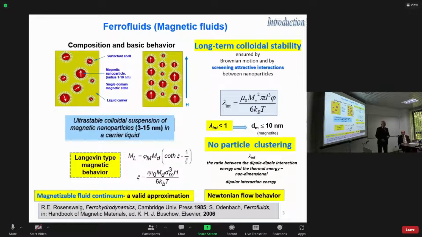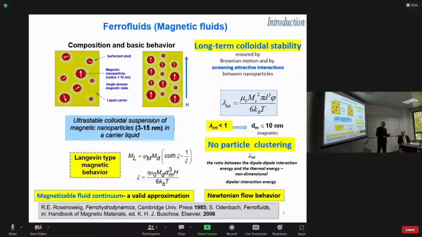So, first, the conventional classical ferrofluids. You can see here the main characteristics these should have. So first, the particles, which are usually 99% iron oxide.